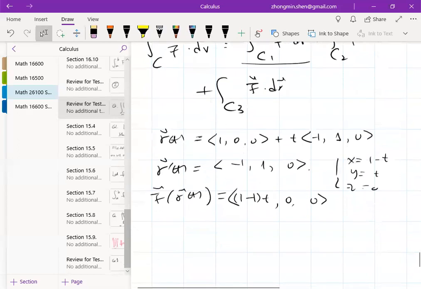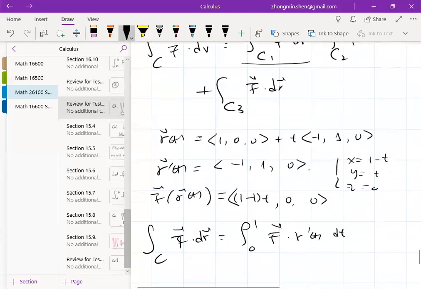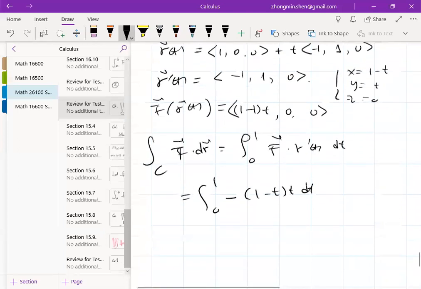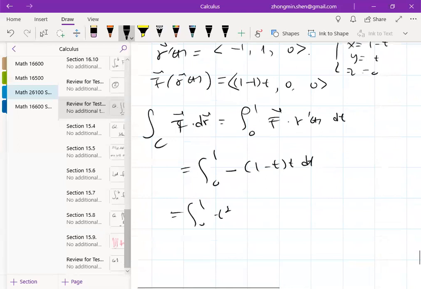Then the dot product, from 0 to 1, is the integral of (1 minus t) times t dt with the direction component negative 1. Evaluating, it's t squared minus t dt, so the result will be 1/3 minus 1/2, which is negative 1/6.